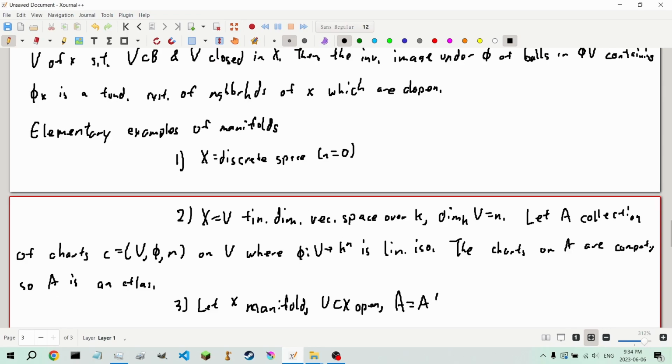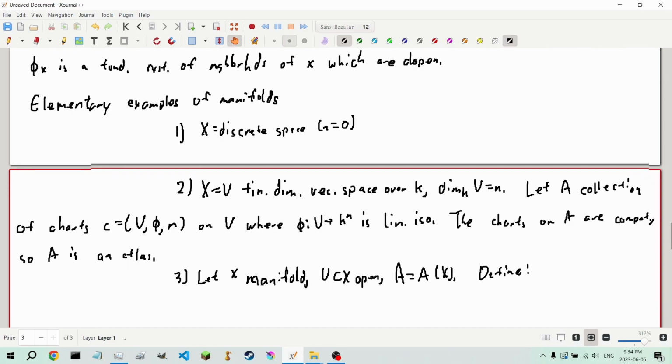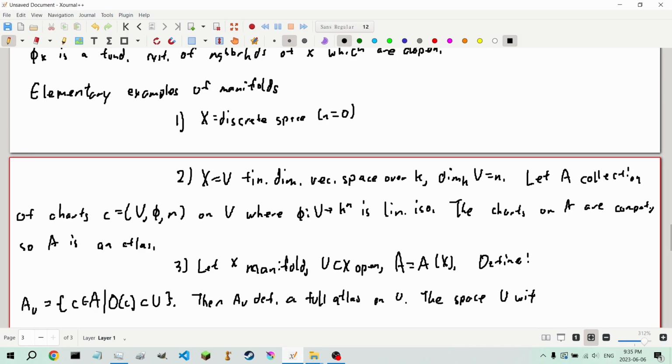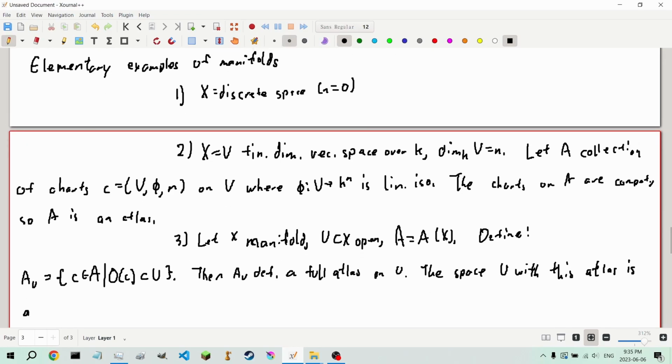And we can just shorthand our atlas as just A. We're going to define our A sub U to be the collection of charts in our atlas such that their open set is within U. Then A sub U defines a full atlas on U. The space U with this atlas is called an open submanifold of X.